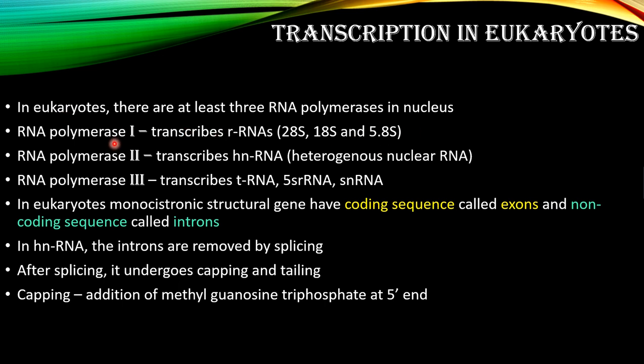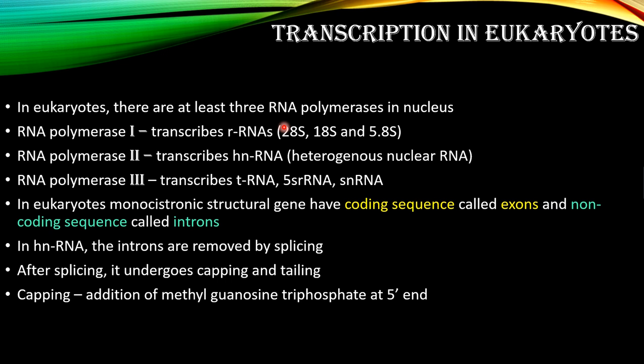So we'll see the three RNA polymerases and their functions. RNA polymerase 1. What is its function? It can transcribe ribosomal RNA. The ribosomal RNA is formed in the ribosomal unit. Ribosomes, which you studied, are involved in protein synthesis in the cell. It may form the 28S, 18S, and 5.8S.